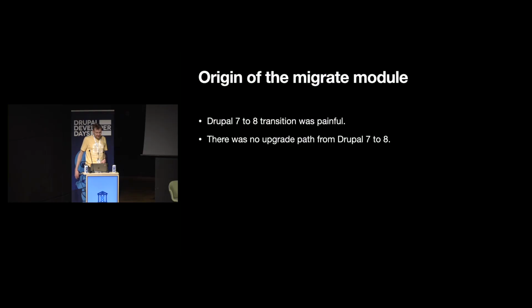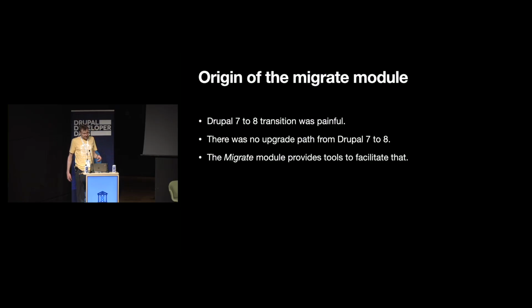So the Migrate module was written to facilitate that. The idea was that you would have your Drupal 7 site, and in parallel with that, you'd have a Drupal 8 site, and you would run this tool, and it would copy over all your content and all your configuration, your users, everything, from one to the other.